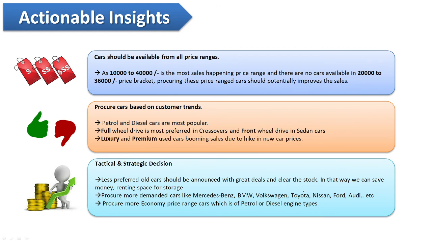Strategically, this is a move to retain economy car sales by procuring more economy price range cars with petrol and diesel engines, not gas engines. So these are the actionable insights that I would recommend to a used car sales company. I hope this will address that issue and boost their sales.